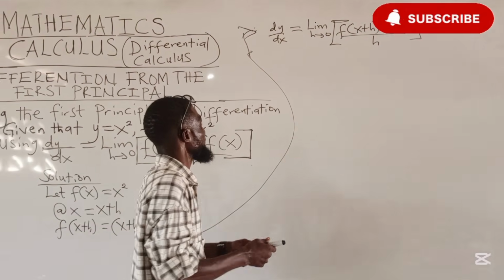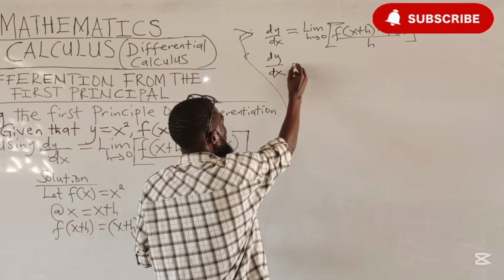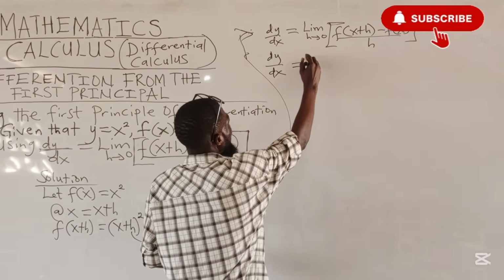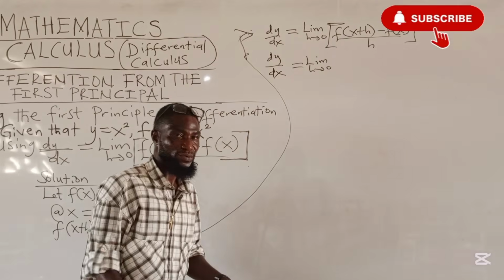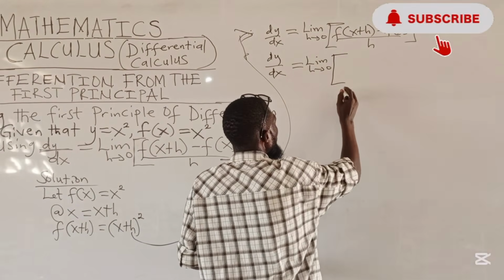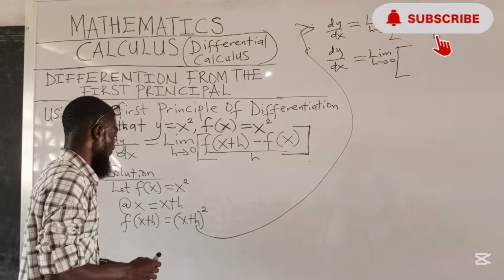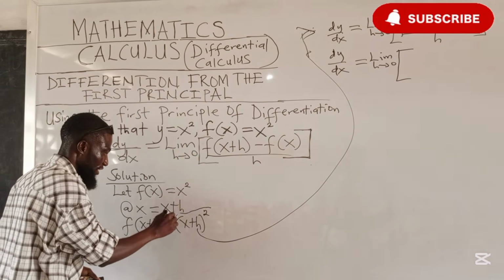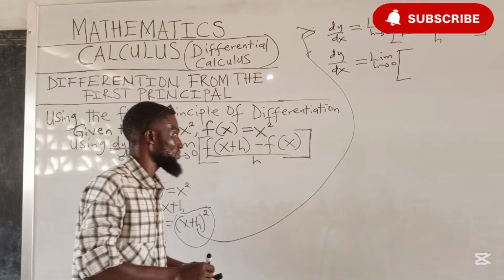Ladies and gentlemen, we say dy over dx will just be equal to limit as h approaches 0. What we have here, we say bracket open, we have the value for f of (x plus h), and the value for that is (x plus h) raised to the power 2.